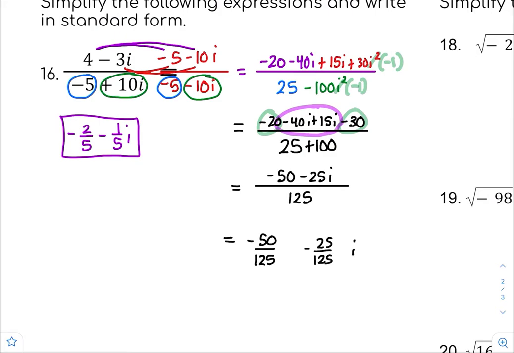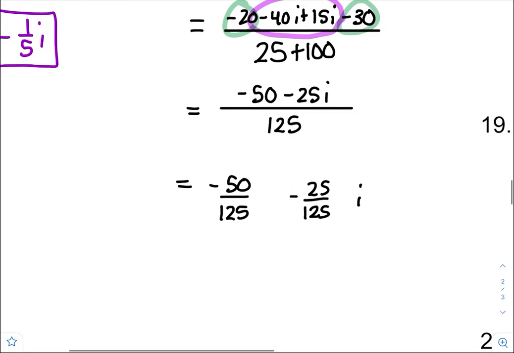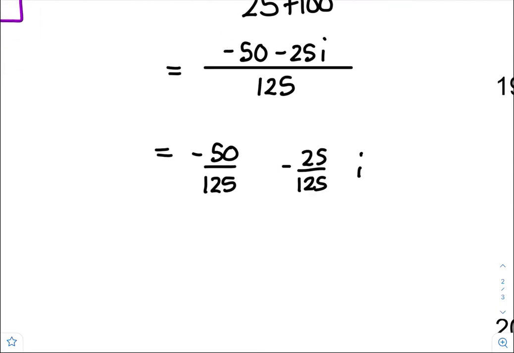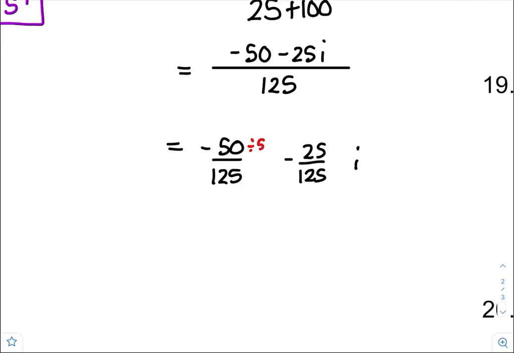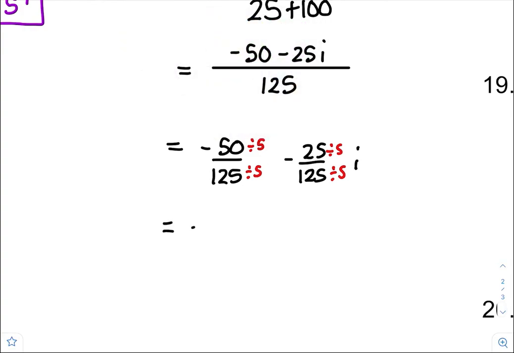Now, you can simplify this fraction. You can divide top and bottom by 25. If you can't recognize that, then you could divide top and bottom by 5 for each. They don't have to both be the same either. So you could divide top and bottom by 25 and it'll give you the straight answer, but if you can't think of the big number, just tackle the small numbers.